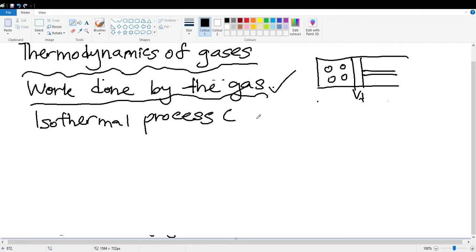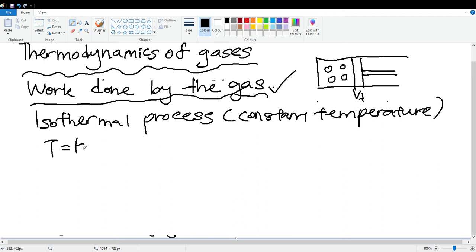So isothermal process is basically a constant temperature. So in this case, we can know that the temperature is actually constant, as for the volume is changing and the pressure is also changing.